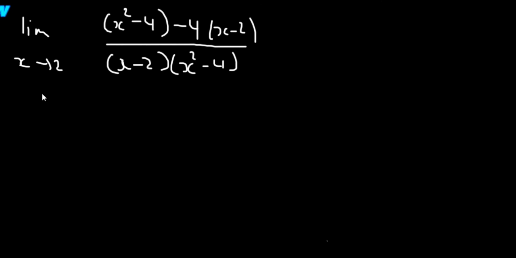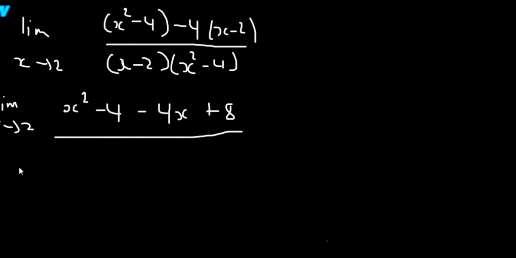So let's expand the brackets. So now I have the limit as x approaches 2 to be x squared minus 4 minus 4x plus 8, all over. Let's expand what you have down here. So that will be x into bracket x squared minus 4 minus 2 into bracket x squared minus 4.